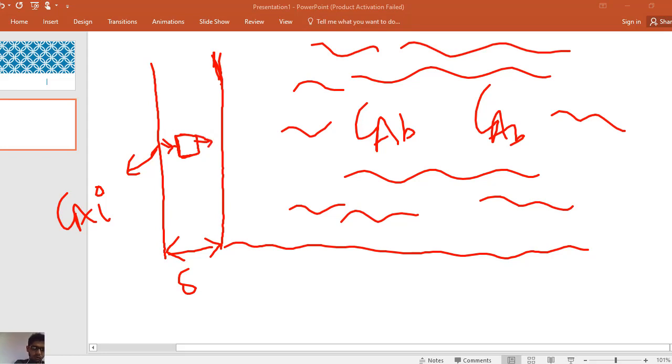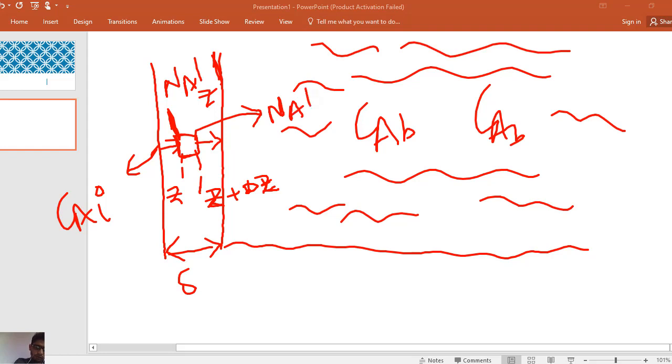The flux of A at z position is NAz, and the flux of A at z plus delta z position is NA at z plus delta z.